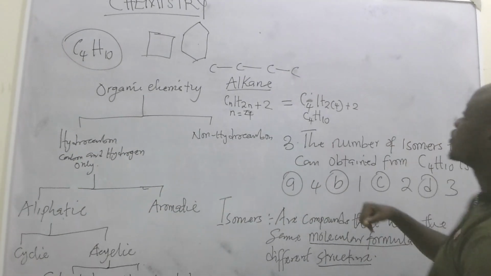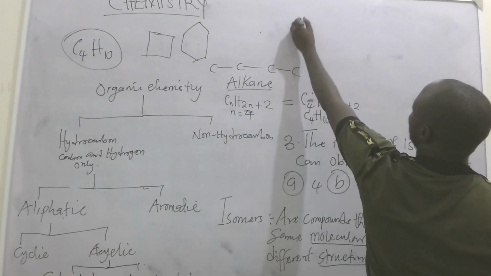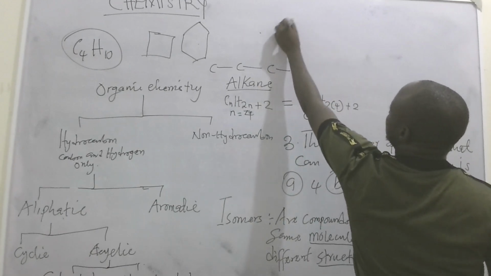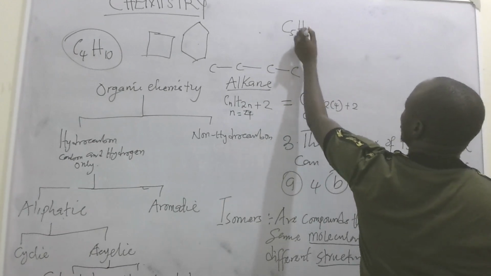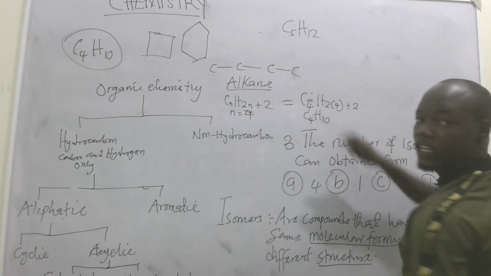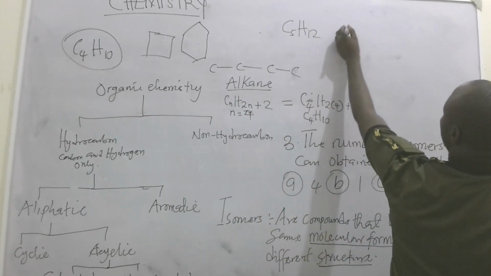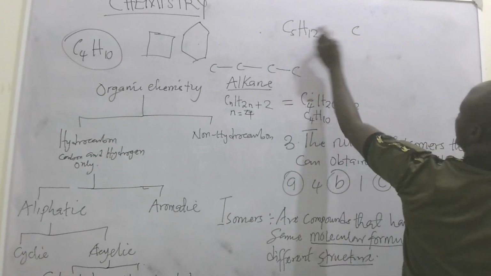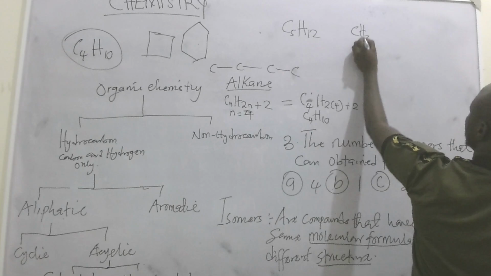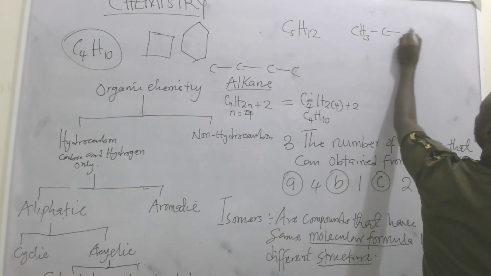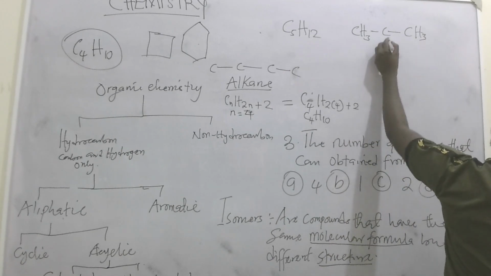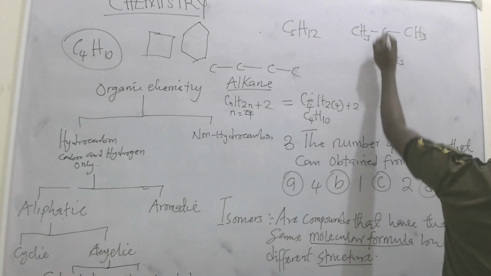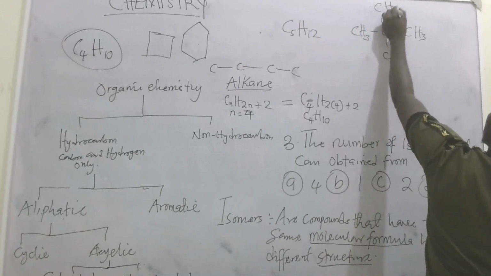An example of that is, let's say we have C5H12. This compound can have a structure like this, CH3, CH3, and of course here CH3 too, then here CH3.